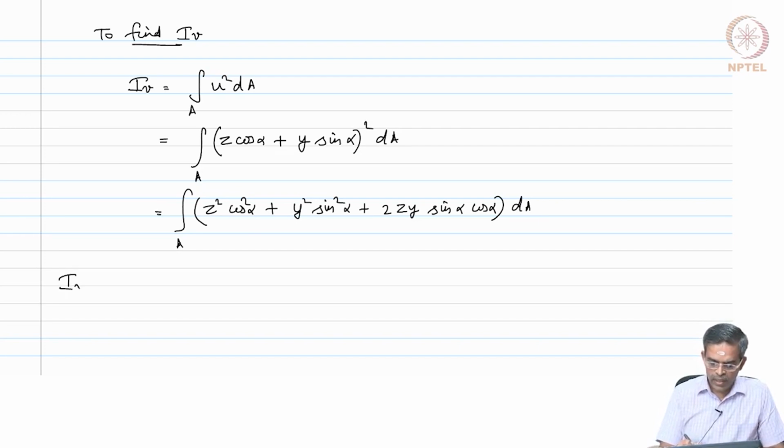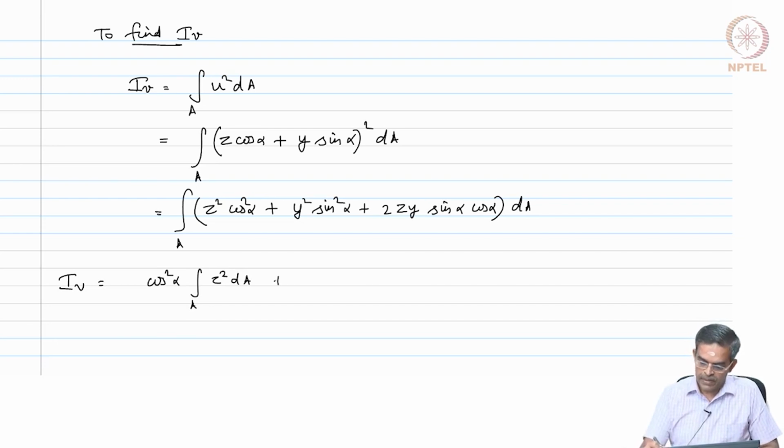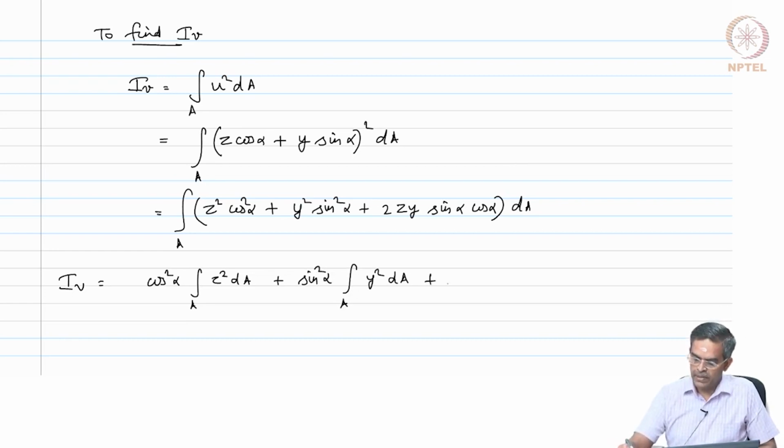Now, I can write IV as cos square alpha integral z square dA for the whole area A, plus sin square alpha integral y square dA for the whole area, plus sin 2 alpha integral over the whole area zy dA. I think there is no confusion in writing this expression.